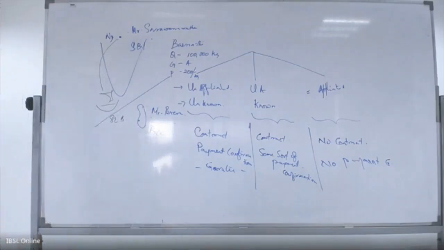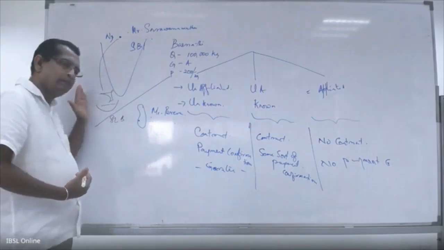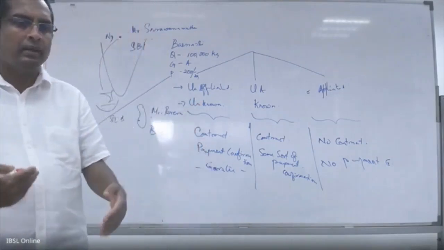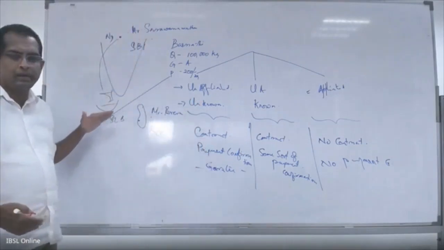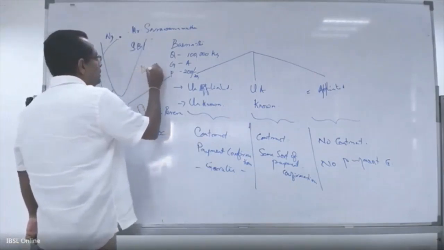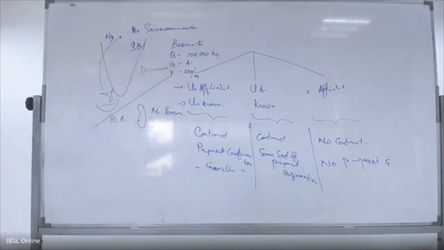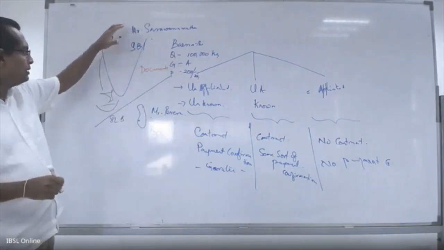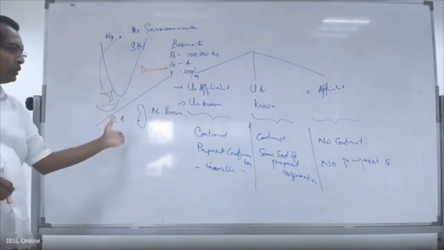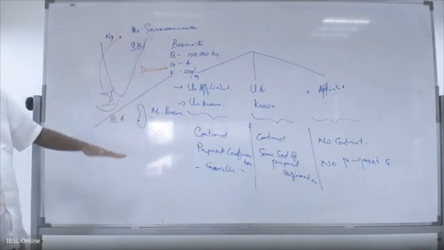But how does the ownership of the physical goods transfer in the international trade? It is through documents. Right? So the physical goods can come to the border, but ownership will not come this way.